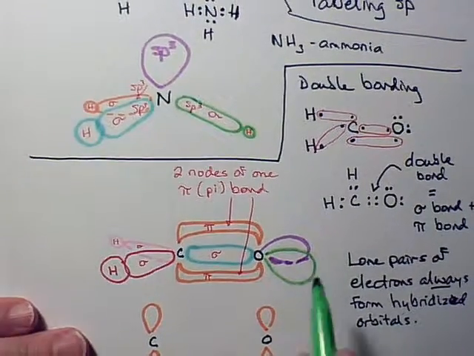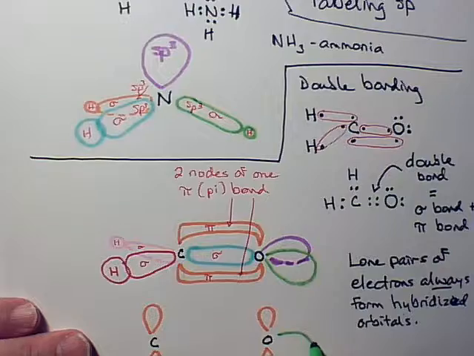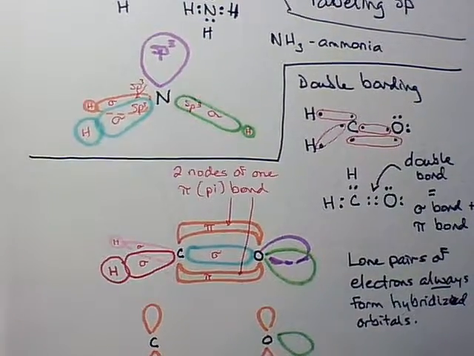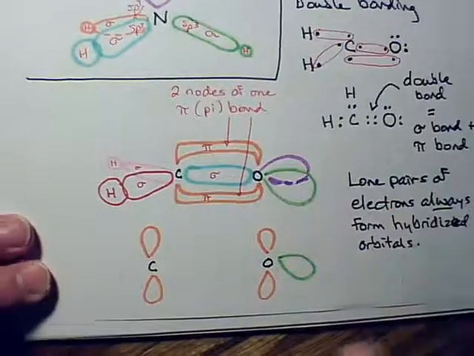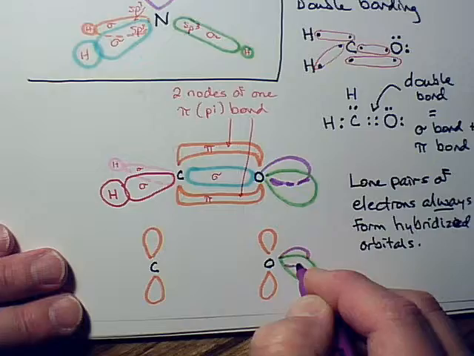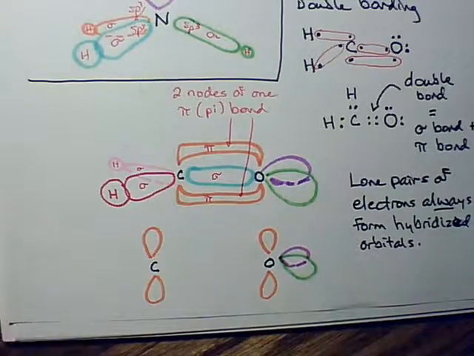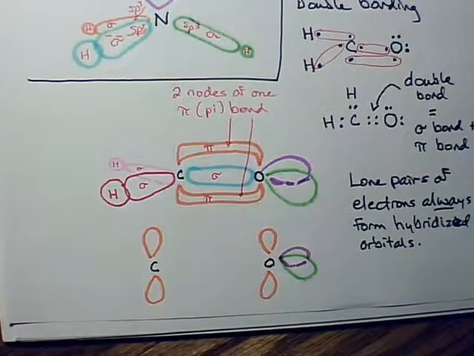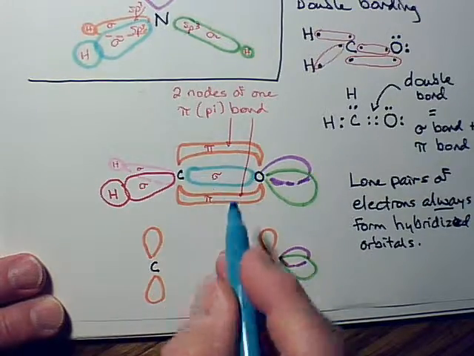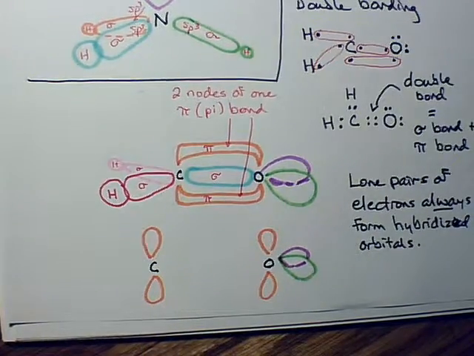This oxygen over here had a hybridized orbital here because lone pairs are always hybrids. And the sigma bonds also always come from hybridized orbitals.